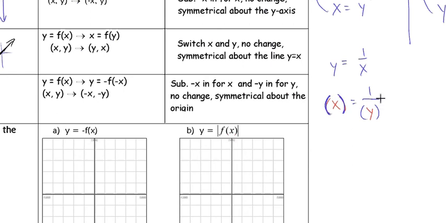Here, let's say I would multiply both sides by y, which would give me yx equals 1, because y divided by y is 1. Here I want to get y by itself, so divide both sides by, not y, but by x.